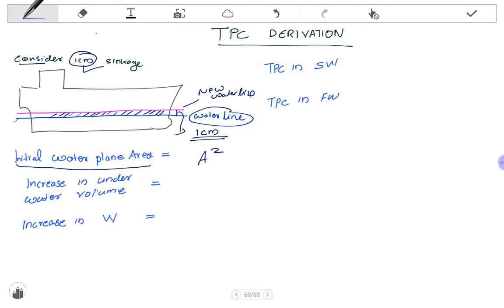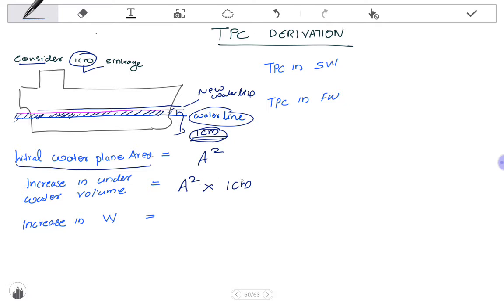That volume is the water plane area of the vessel multiplied by 1 centimeter, because 1 centimeter is the height of this small rectangular box, and the square is the water plane area.